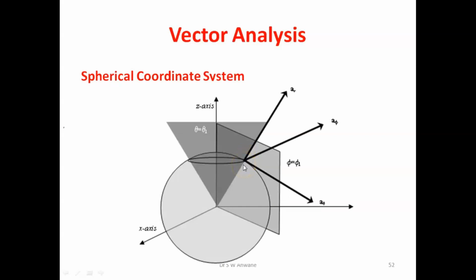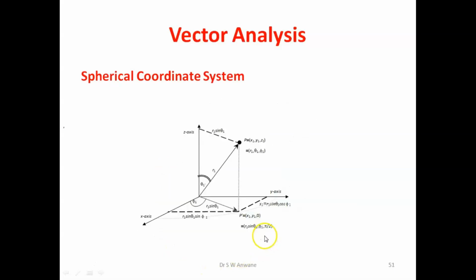Now the point P, which is a point of definition, is obtained by the intersection of three surfaces. The first surface, as I said, is the locus of all points which are at constant distance from the origin, a sphere as shown here. The other coordinate is theta 1, that is, the position vector of this point P makes an angle theta 1 with the z axis.